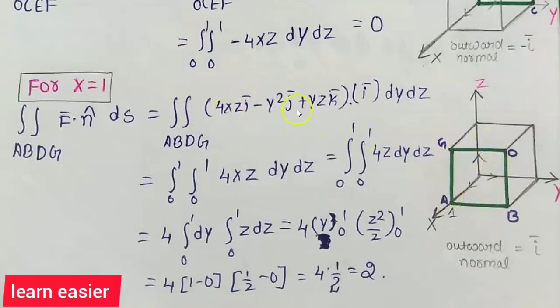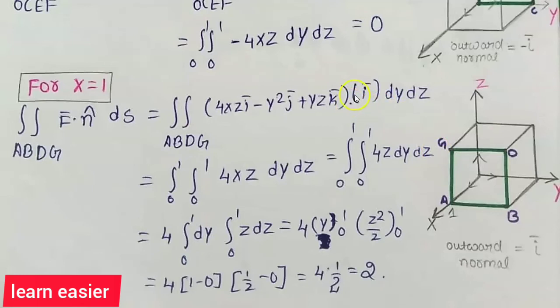Now here f bar is 4xz into i bar minus y square into j bar plus yz into k bar. And the unit normal vector is i bar. Why? Because the outward normal for this surface is i bar only, positive i bar.